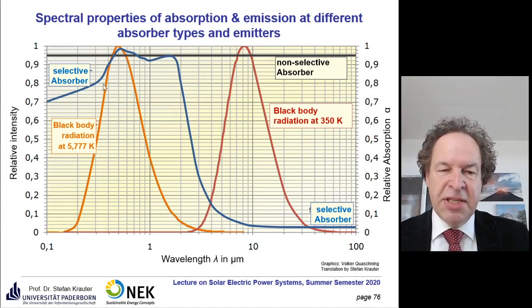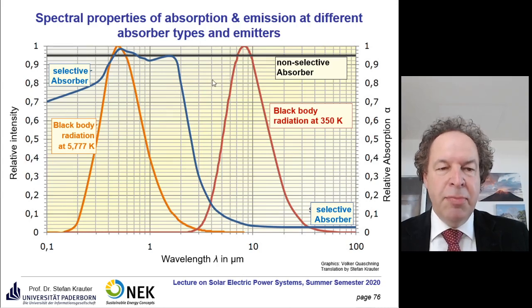That means it has good absorption, but in the infrared range it also has a high emission. So the infrared radiation is emitted very well, and we have a very high quantity of losses in the 10 micrometer range. This is a black body radiation at 350 Kelvin, which is a typical surface temperature of the absorber of a non-concentrating flat plate collector.